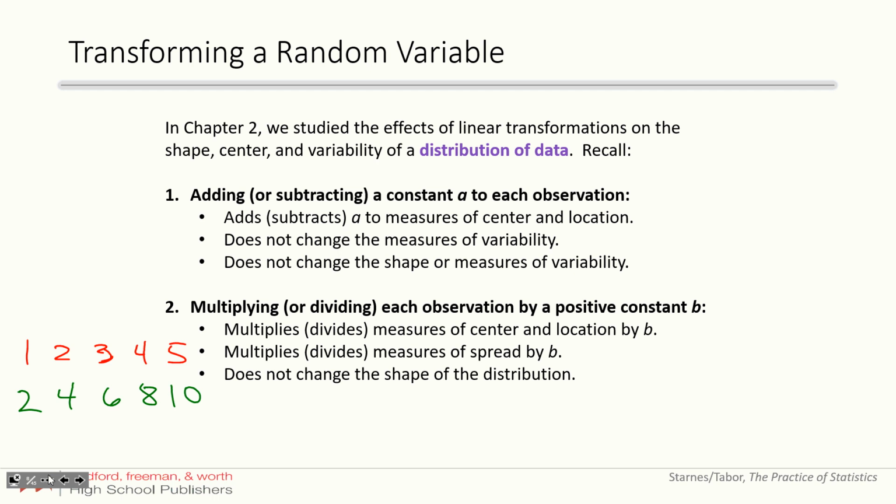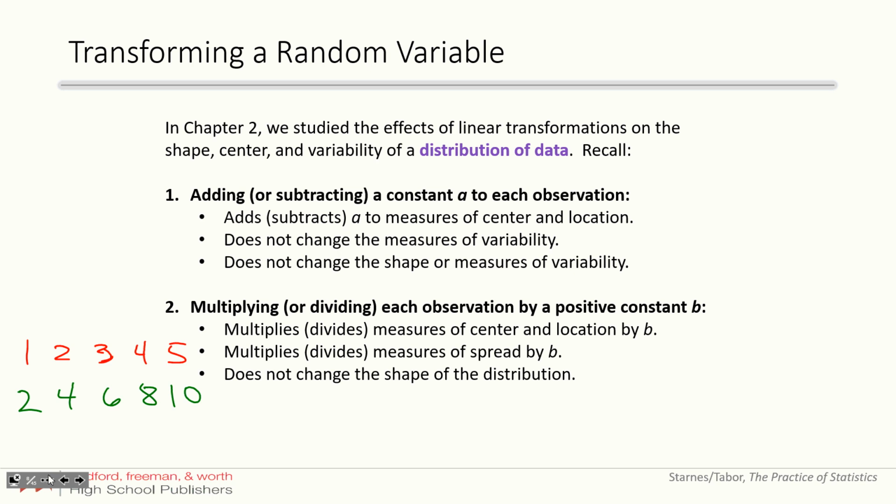So it is, again, going to change the measures of center and location. In this case, my mean, my median, my maximum, my minimum, all those numbers are also multiplied by 2. But it also changed the spread of the distribution.